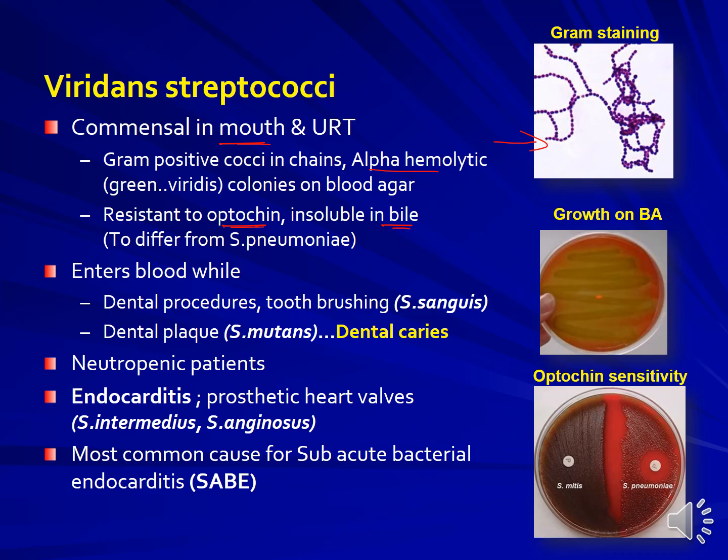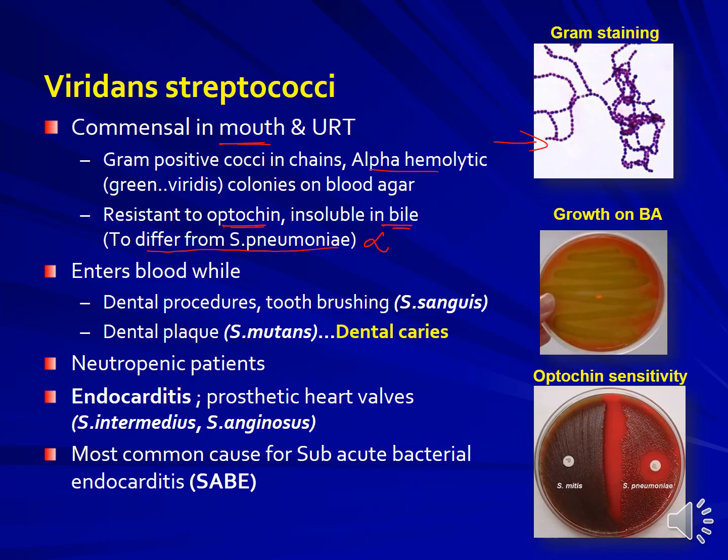This is how it differs from Streptococcus pneumoniae, because Streptococcus pneumoniae is also alpha hemolytic, and is also sometimes seen in small chains. So it may get confused sometimes.